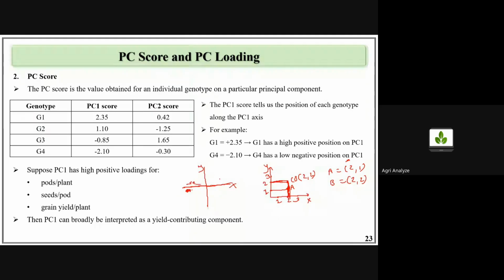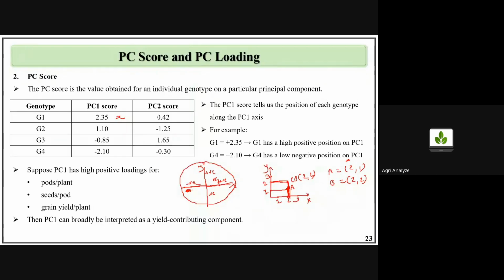Same for the y-axis, it is positive and negative. For G1 genotype, X value is 2.35, which is positive, so 2.35 is here, and Y value 0.42 looks like here. So this is the position for genotype 1 in this graph.